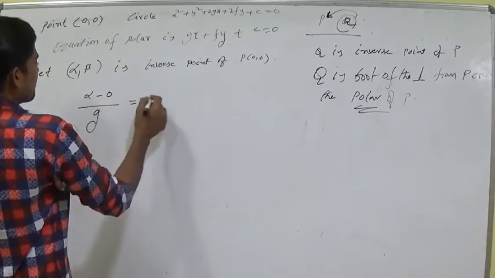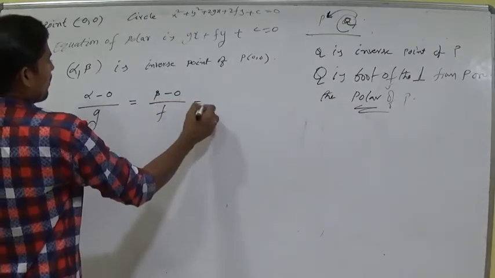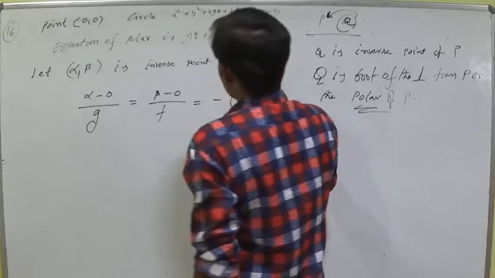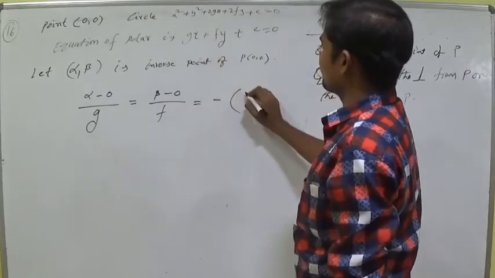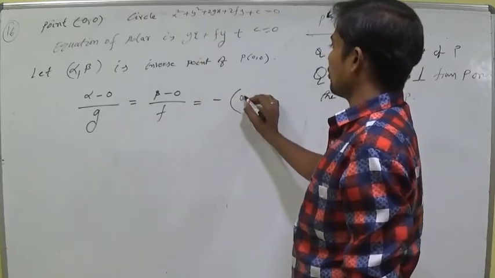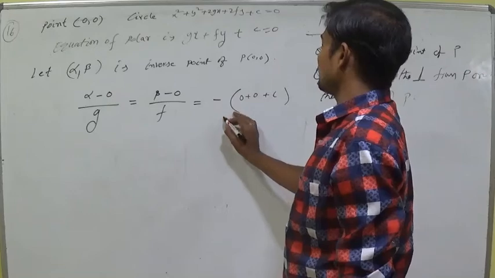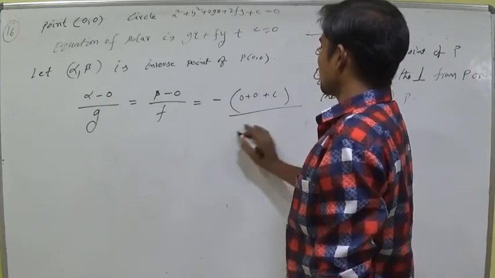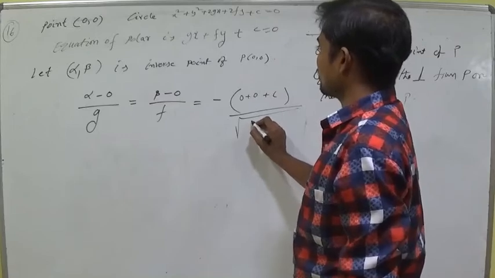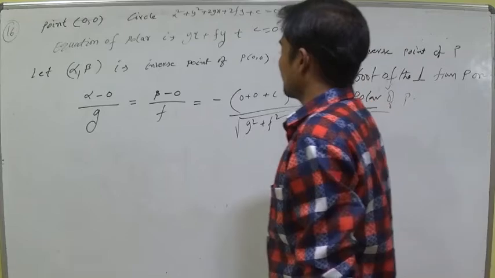Alpha minus 0 by g and beta minus 0 by f equal to minus of (0 plus c) by square root of a square plus b square, I mean to say g square plus f square.